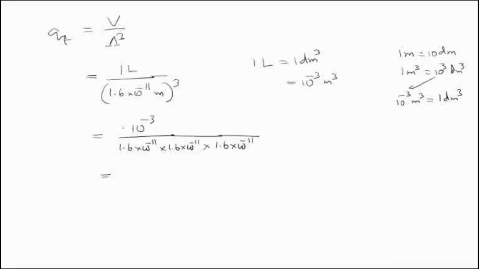I'll multiply numerator and denominator by 10, so I'll get 10 by 16. Similarly, I have to multiply again the numerator and denominator by 10, so 10 by 16, 10 by 16. I have multiplied numerator and denominator by 1000 actually, right? And keep the remaining term, what is that? 10 power minus 3 in the numerator as such, and in the denominator we'll get 10 power minus 33. Keep the remaining things as such.